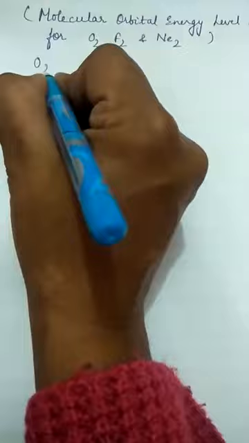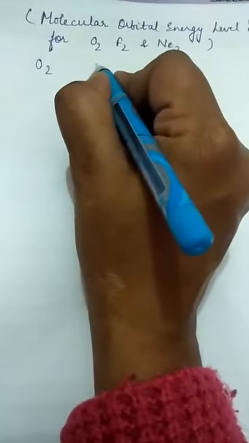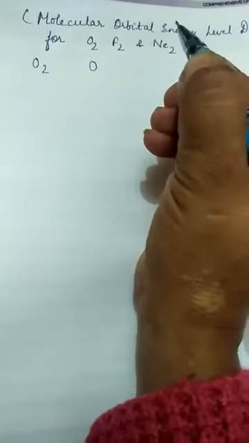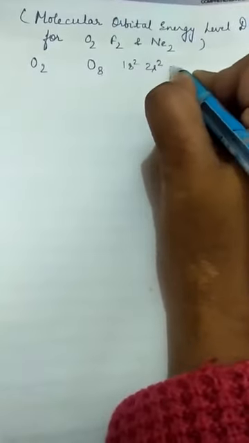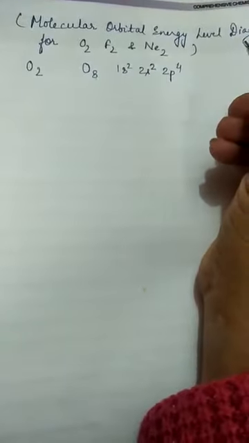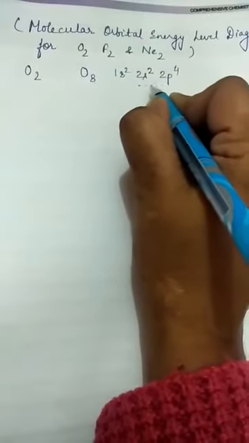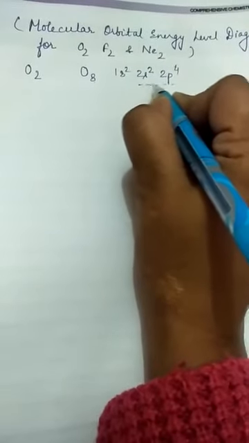Now O2, you know that the atomic number of oxygen is 8. So here we are going to take 1s2, 2s2, 2p4, right? We will draw the molecular orbital diagram for the valence shell, and in place of 1s2 we will put the K shell.